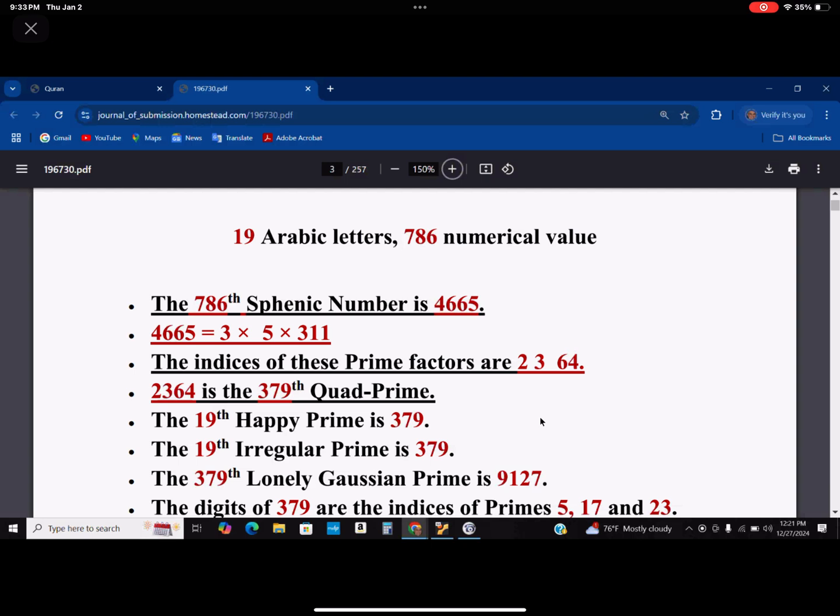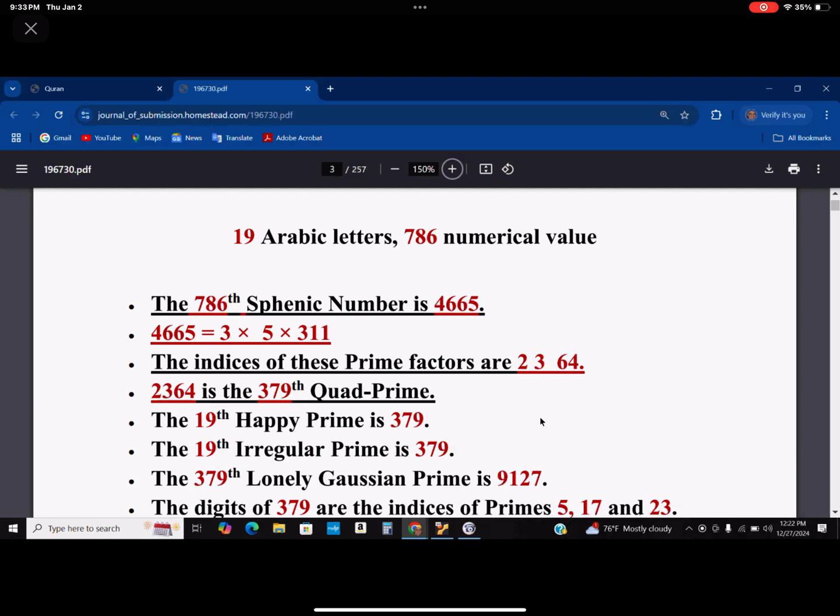Now let's see. Remember, this actually took us in the last unit, what I said was that the 786 takes us to 9619, which is going back to chapter 96 having 19 verses, and the fact that chapter 96 is the first chapter that was revealed.